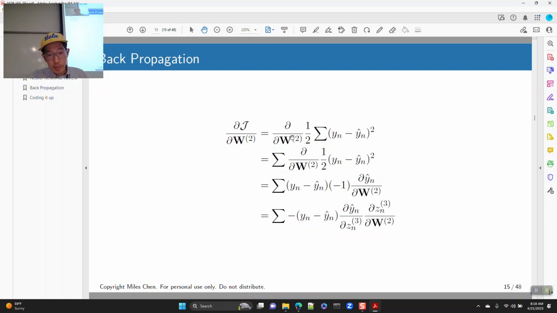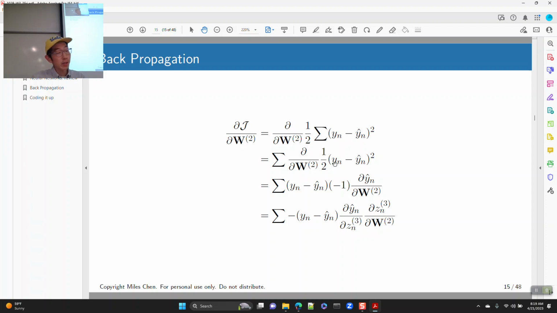Okay, so what do we do? Well, we're going to say the gradient of the sum. This is the sum of the gradients here, okay? And so when I say, okay, what is this with respect to W2? Remember W2 is a matrix, and we ask, what values change with respect to W2? Like if I were to change W2, what values are affected?